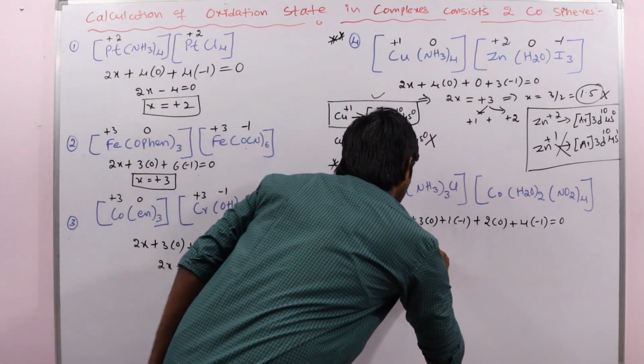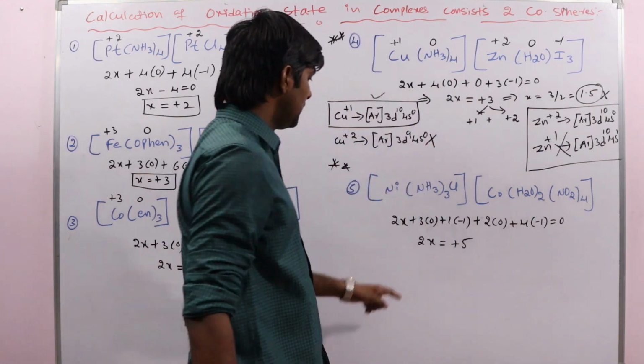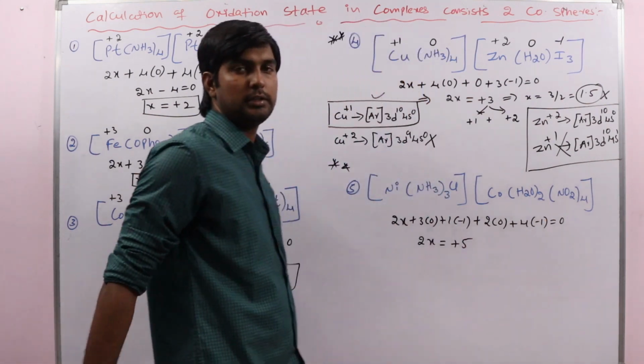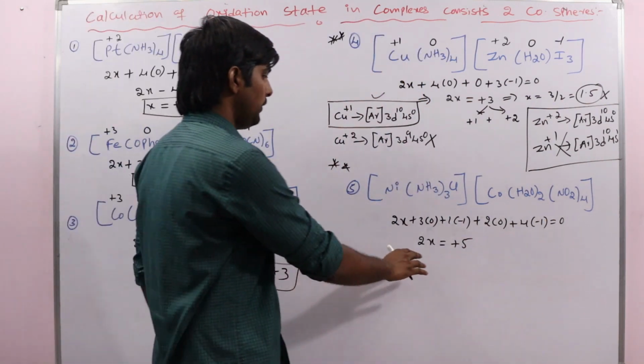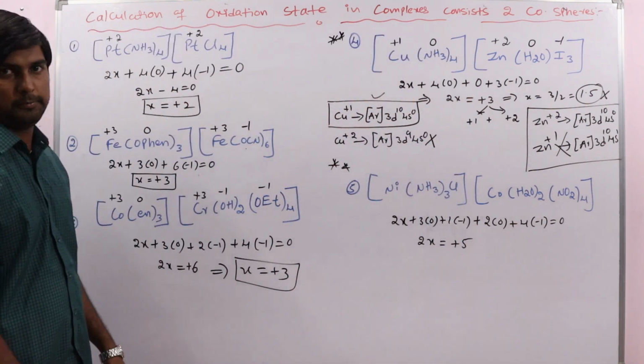So here we get 2x is equal to +5, because 0 and 0, and here we have -1 -4, that is nothing but -5. If you take it to the right side, that is +5.